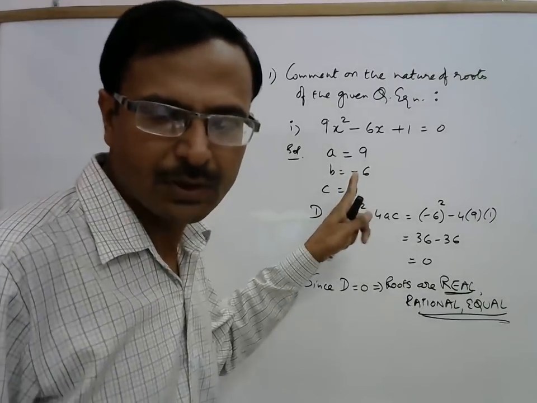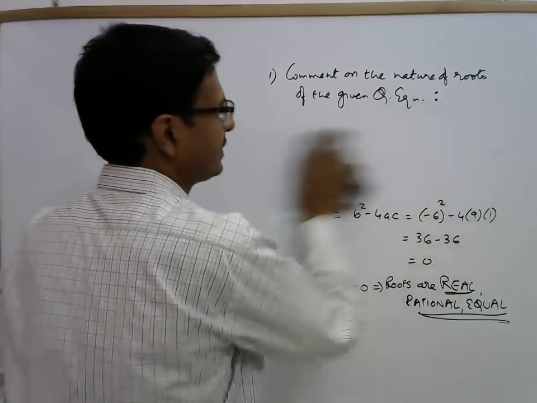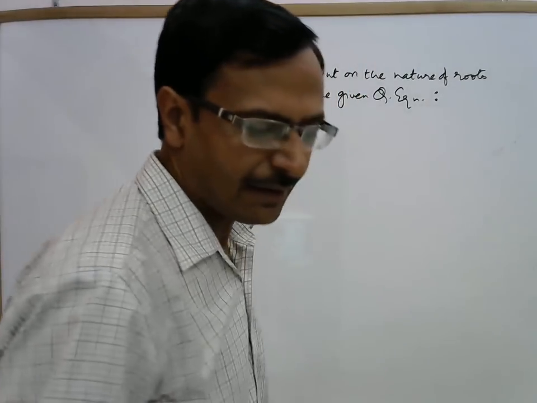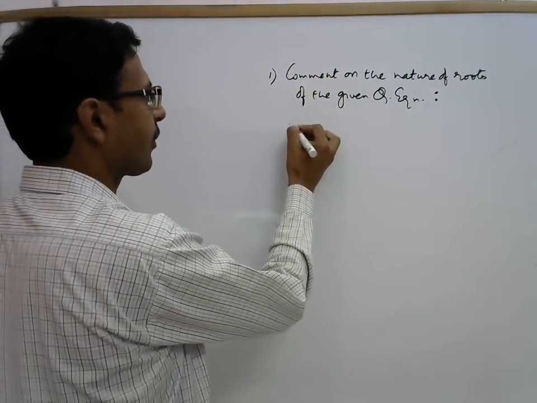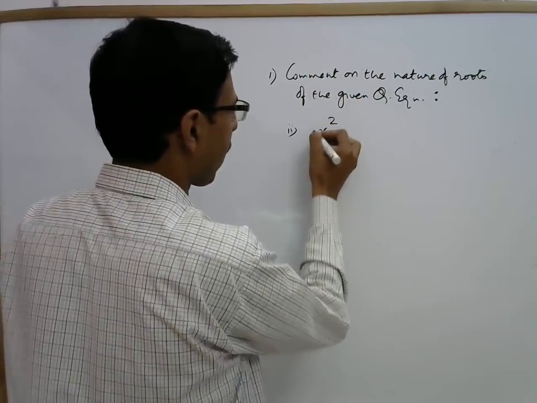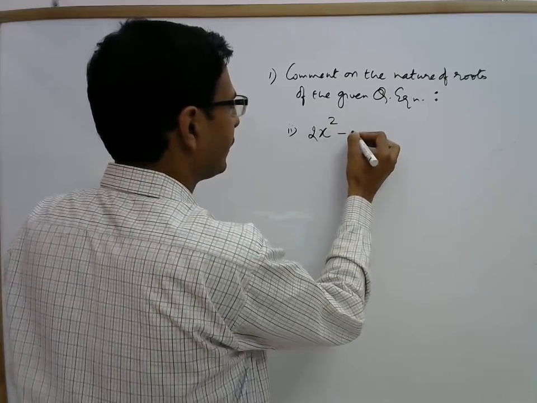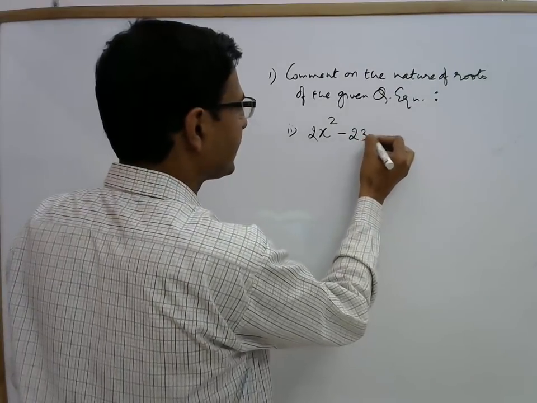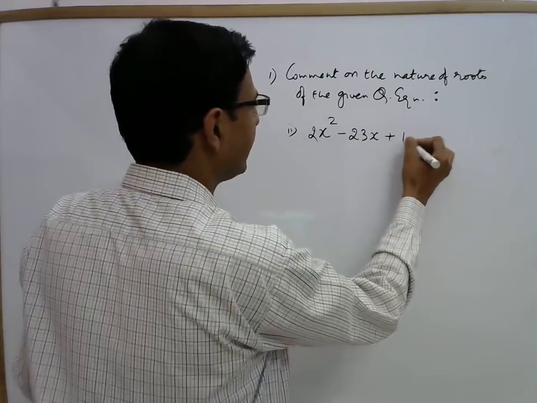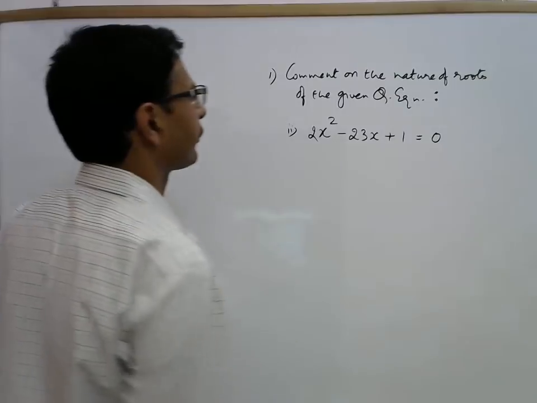I'll give you one more example of this kind. Then we can move forward with slightly more complicated examples. This is the second part. Comment on the nature of the roots of 2x square minus 23x plus 1 equal to 0.